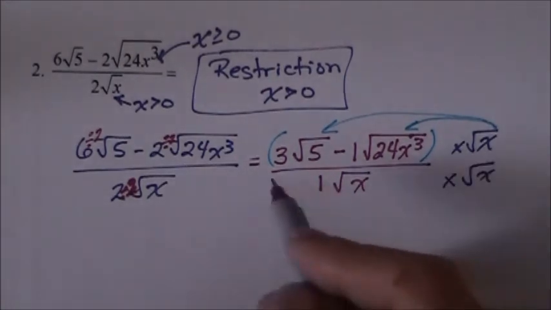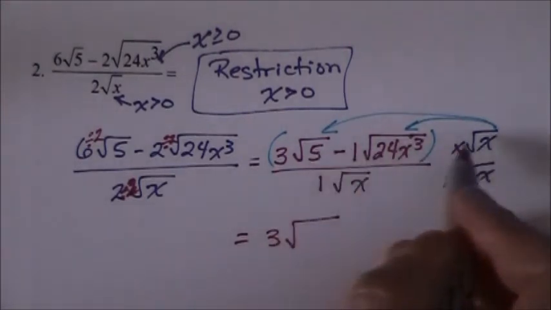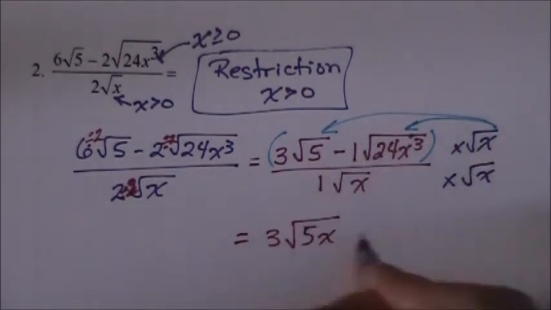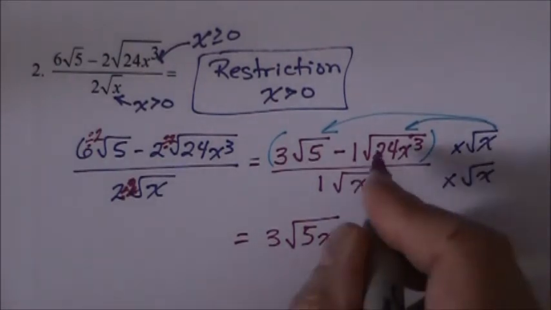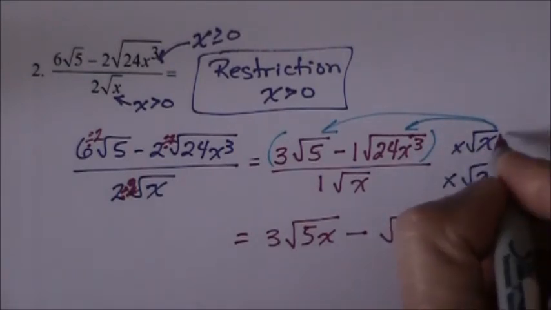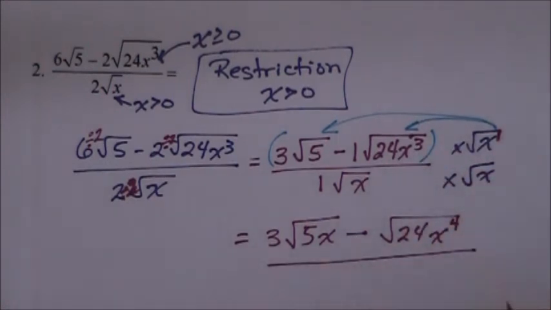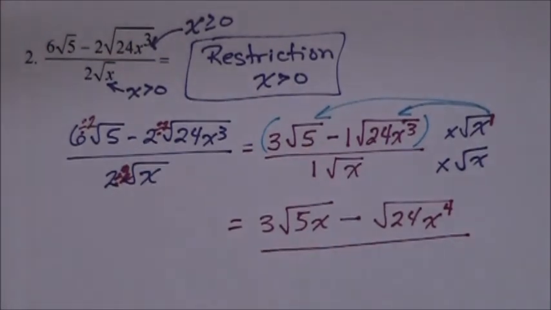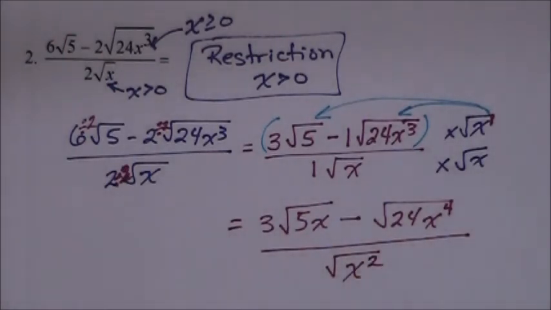So 3 times 1 is 3, 5 times x is 5x, negative times a positive is a negative, 24 times 1 is 24, x cubed times x, remember this is 1, so x, 3 plus 1 is 4, all divided by x times x is x squared. Alright, so we've now multiplied the top and the bottom.